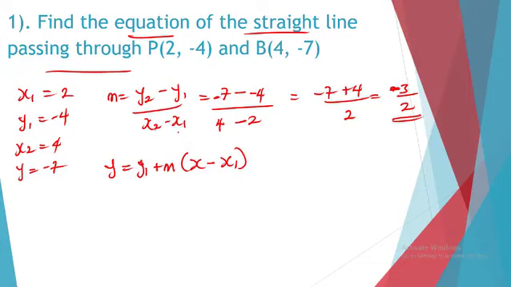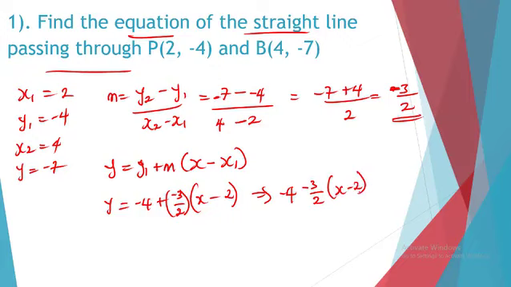So y equals -4 plus our gradient, -3 over 2, into x minus 2.